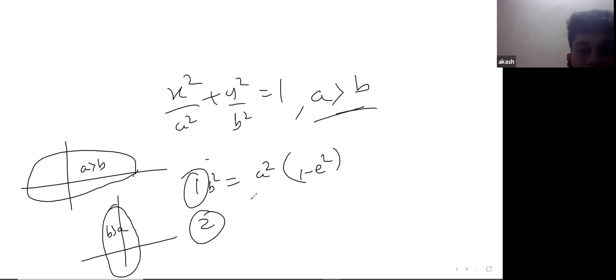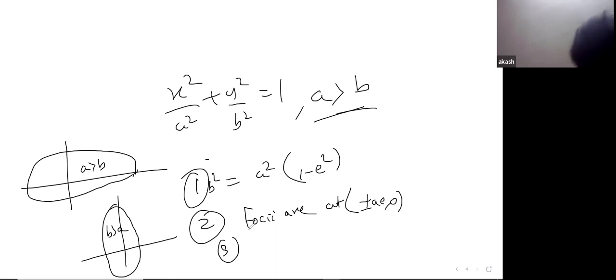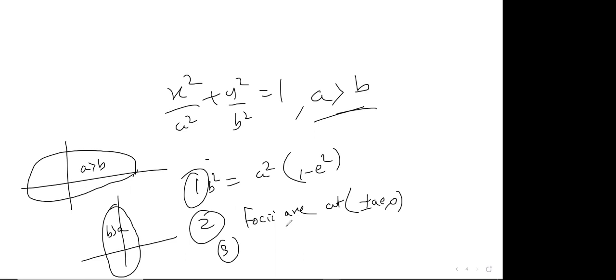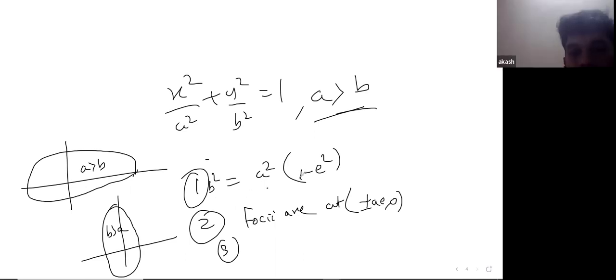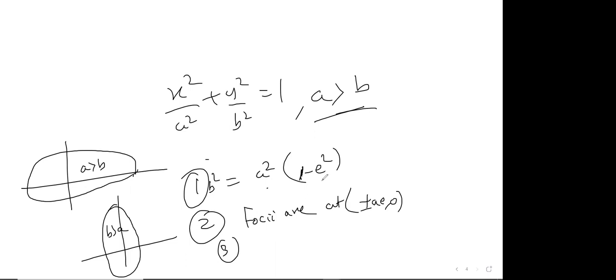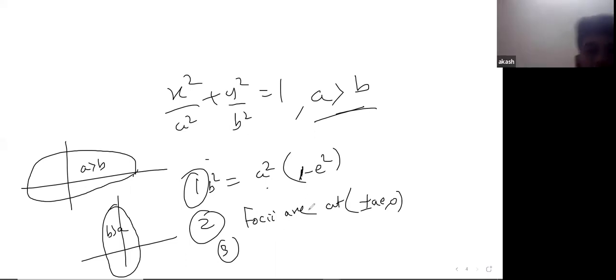There are two foci for ellipse and hyperbola. The foci are at plus minus ae comma 0.